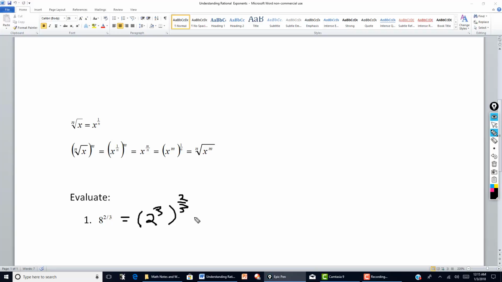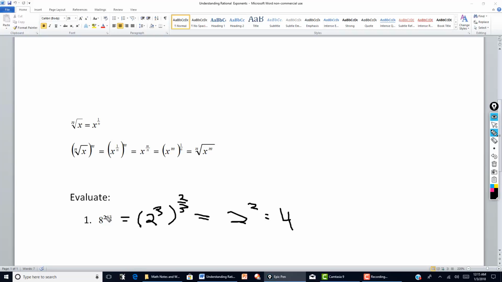So 2/3 times 3, the 3's cancel, and I get 2 to the 2nd, and 2 to the 2nd is 4. So 8 to the 2/3 power is the same thing as 4.